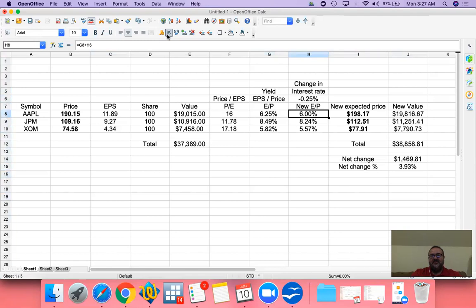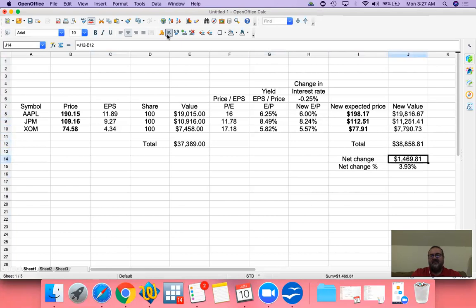Now, how much increase? We simplified it in this example, and we showed it based on their yield, which is earnings per share to price ratio. And we simply reduced that yield as much as the reduction in interest rates by the Fed, and came up with new prices and calculated a new portfolio value.